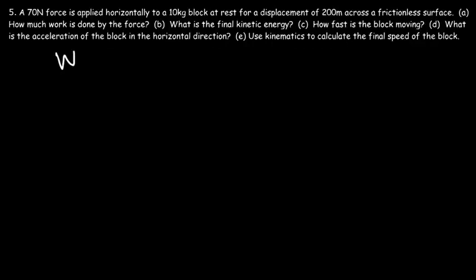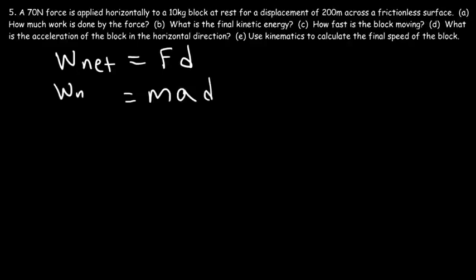So we know that the net work is equal to the change in kinetic energy. But to prove that, the net work also equals the force times the displacement. And force is mass times acceleration. Now, using this equation, V final squared is equal to V initial squared plus 2AD, I'm going to subtract both sides by V initial squared.